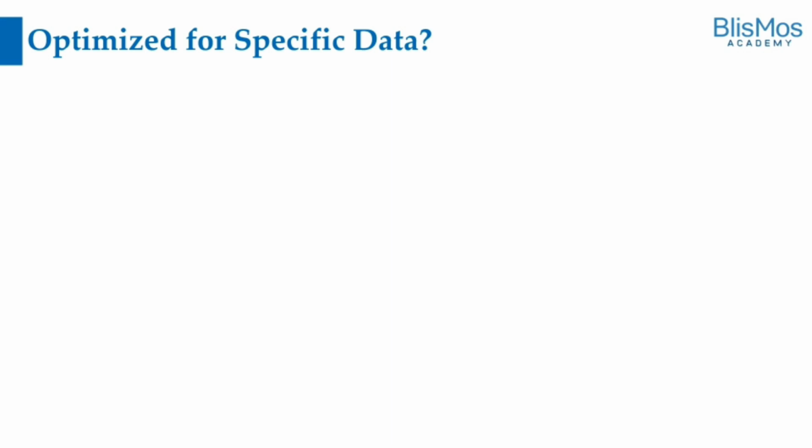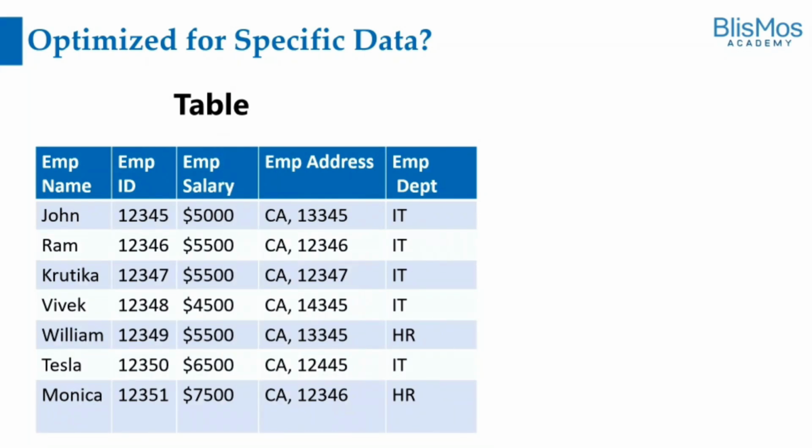So it is very difficult for one programming model to have super performance for all types of data. That is the reason it is very important that if you have table kind of data, you need a programming model which is optimized for storing and processing table data.